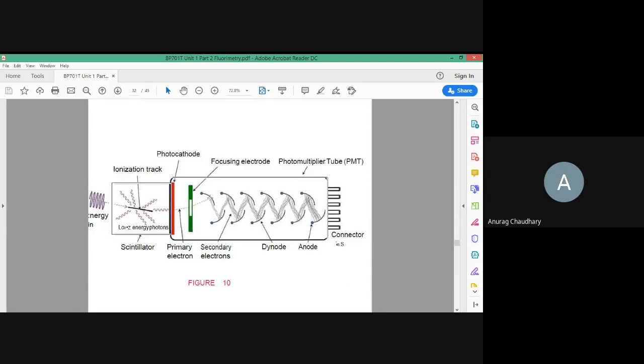So this electron which is emitted from the photocathode collides with this dynode, and it results in emission of more electrons which collide with the second dynode, then third, then fourth, and this process goes on. And in each stage, there is an increase in electrons up to 4 to 5 times.